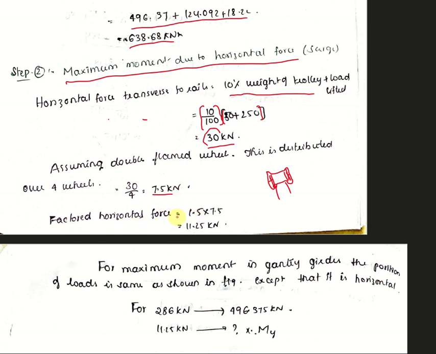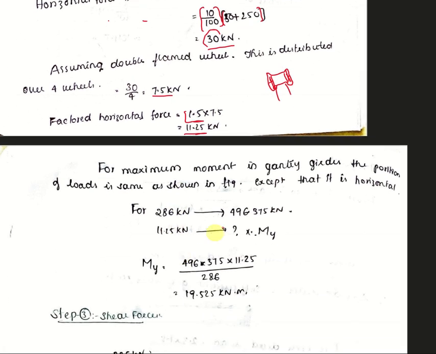Now what is the horizontal force factored load? If you multiply by the factor of safety, we will be getting 11.25 kilonewton. For maximum moment in the gantry girder, the position of load is the same as shown in the figure, except that it is horizontal. So whatever we calculated for vertical loads is also the same. For a 286 kilonewton wheel load, we got the moment as 496.375, as calculated previously.